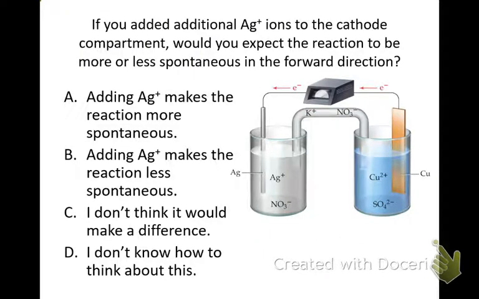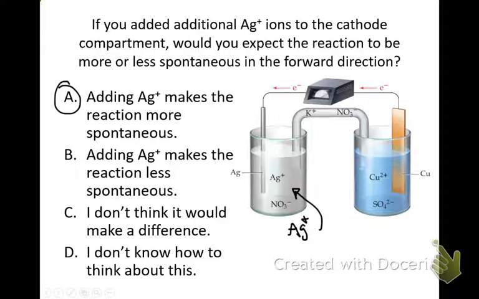Keeping that in mind, imagine you have this cell and you added additional silver ions to the cathode compartment. So we add more silver to this side. What would we expect, the reaction to be more or less spontaneous in the forward direction? This should make the reaction more spontaneous in the forward direction because, as we said before, the silver ions are a reactant.